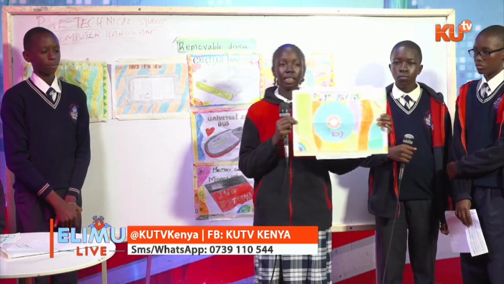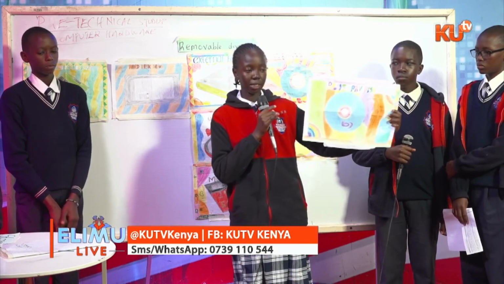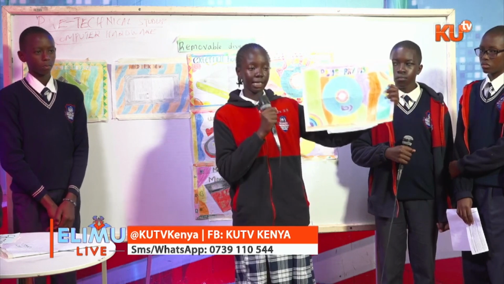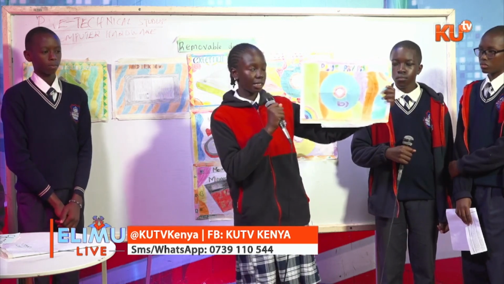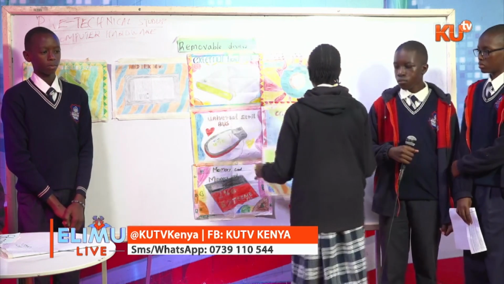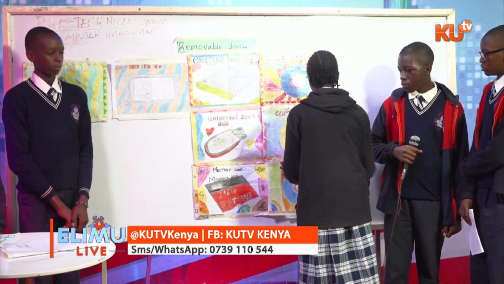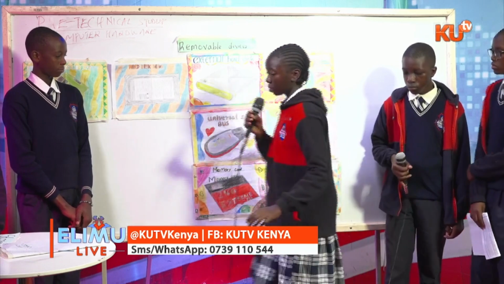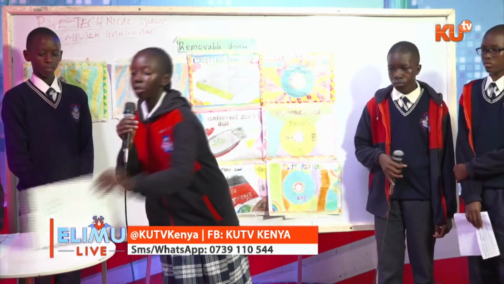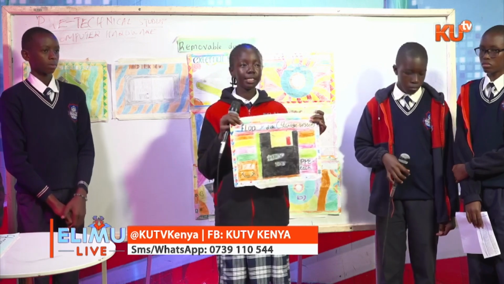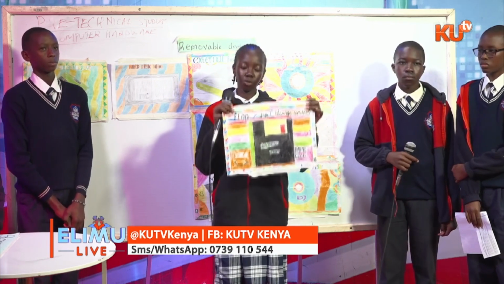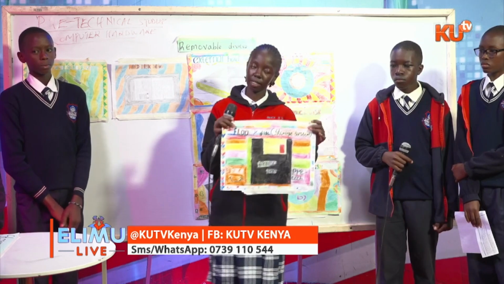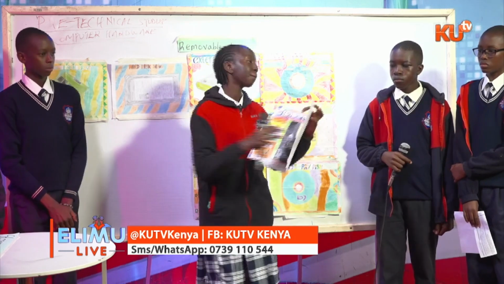This is a device that has high storage capacity and displays greater resolution. And last but not least, we have the floppy disk. This is a device that is used to transport data or transfer data from one computer to another.